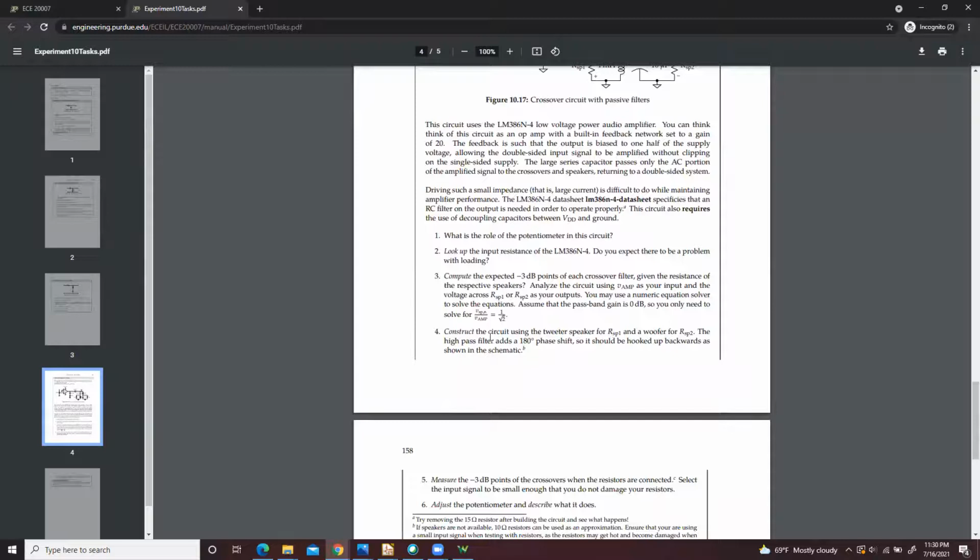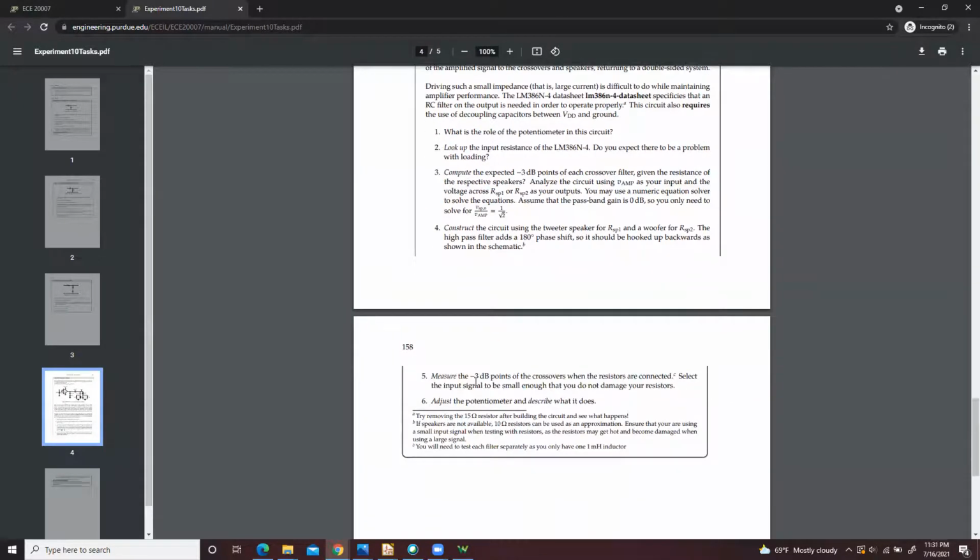I think you need to construct the circuit and measure the -3 dB point in question 4 and question 5. Okay. And then the last question is asking to adjust the potentiometer and describe what it does.